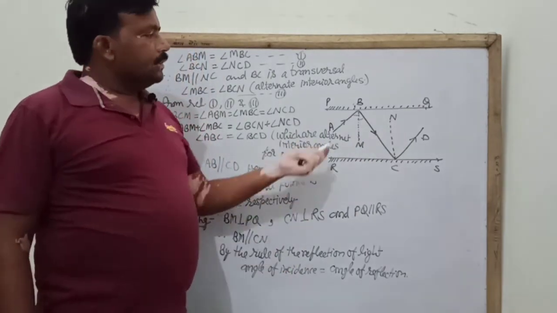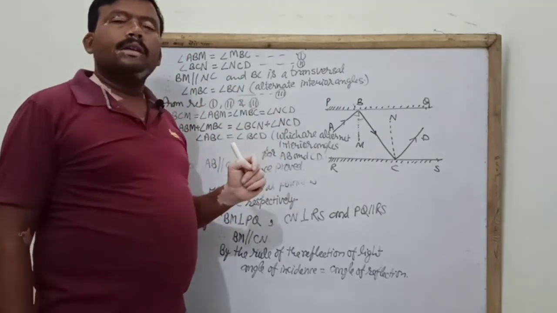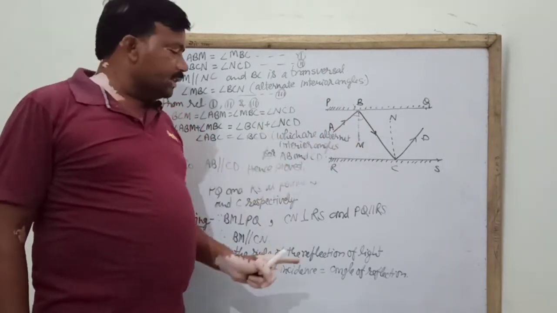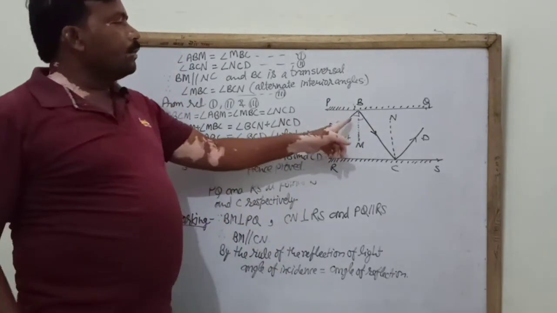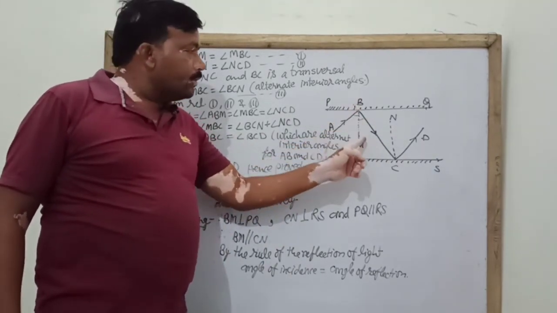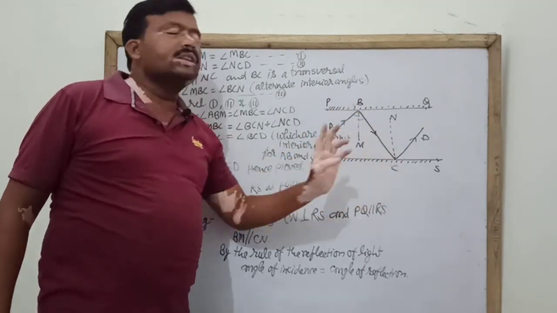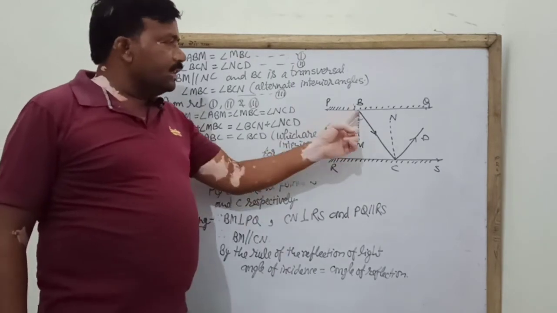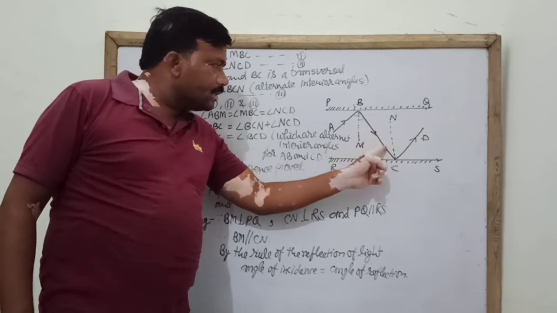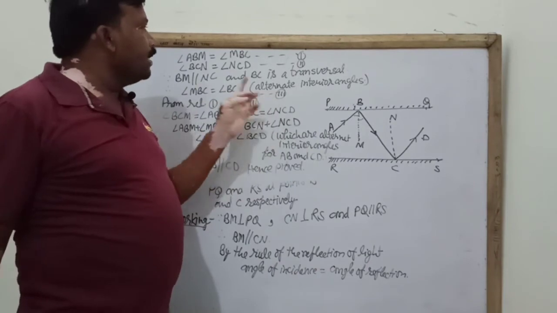After that, by the rule of reflection of light, angle of incidence equals angle of reflection. By this statement, we have equalized these two angles and these two angles. Since these two lines are parallel and BC is transversal, these alternate interior angles will be equal. So we have equalized them.